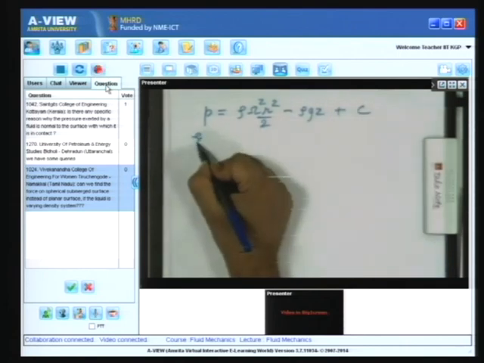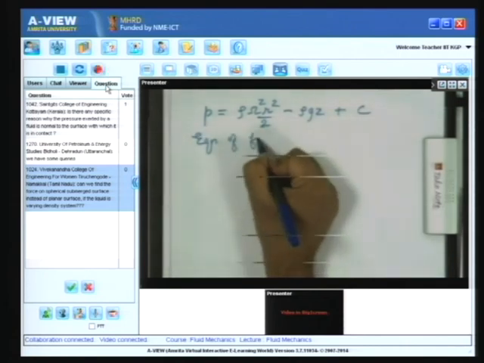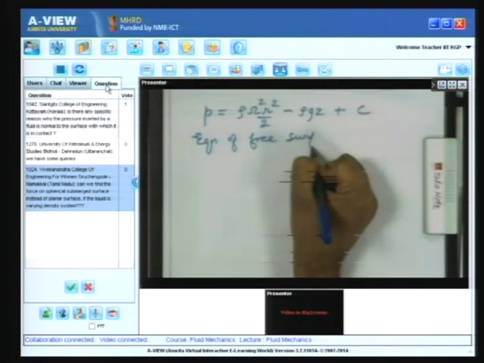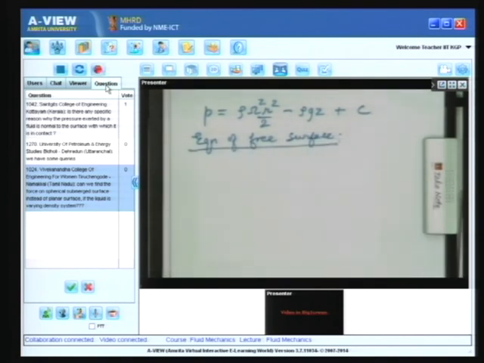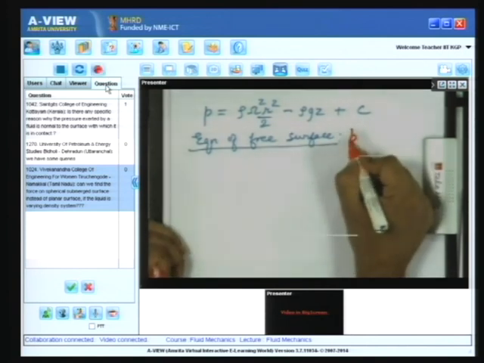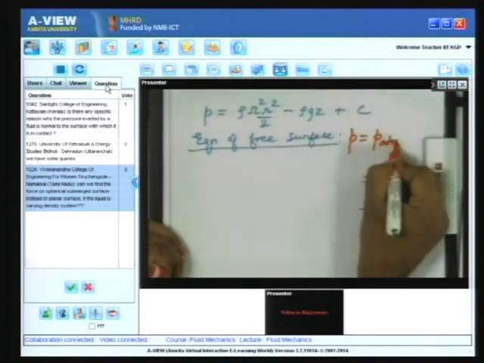Now, let us look at the equation of the free surface. So, free surface is a surface of constant pressure. So, p is equal to p atmosphere.